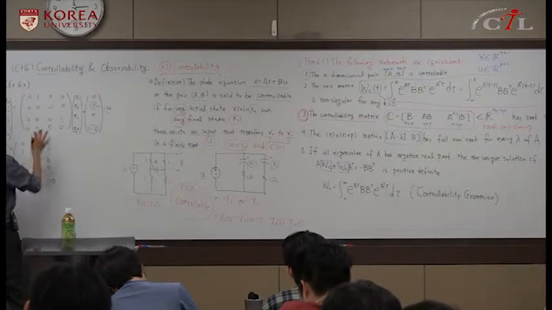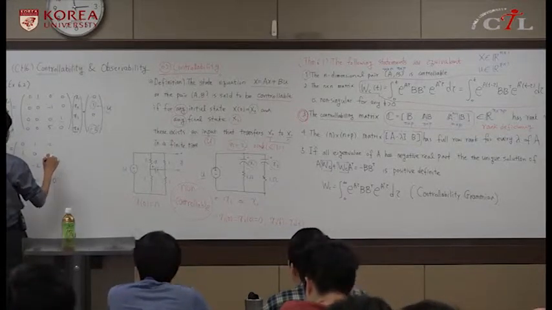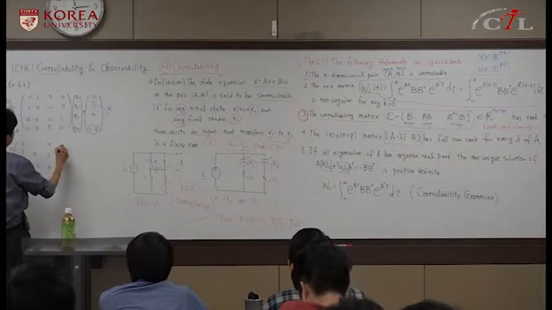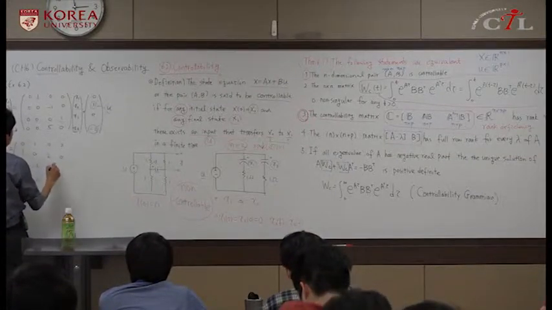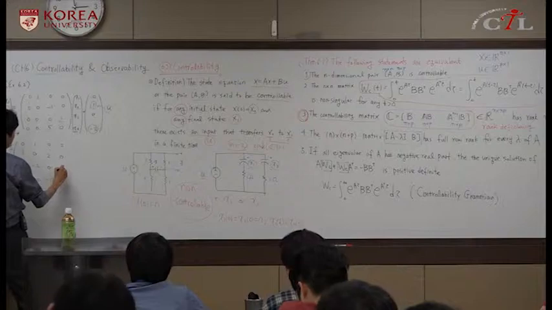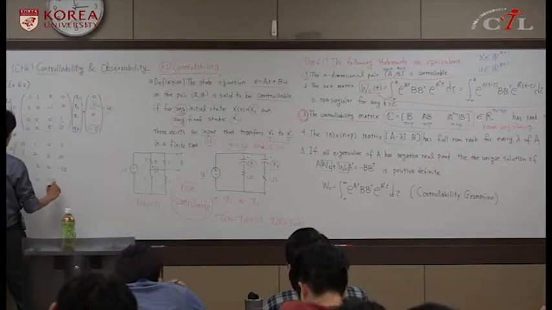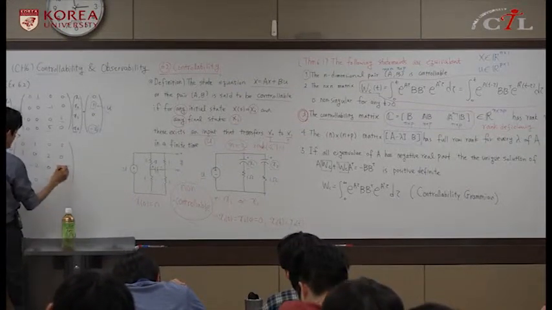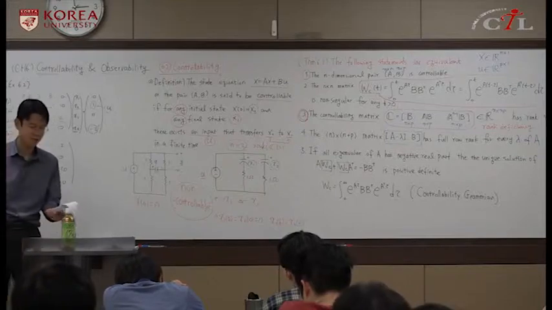And A cubed B, this times this: 2, 0, minus 10, 0. Okay, this is the controllability matrix.